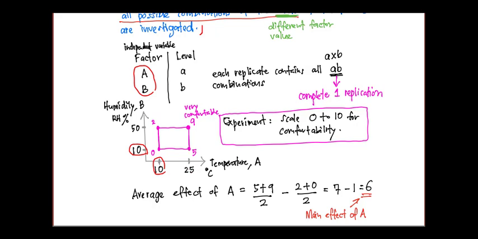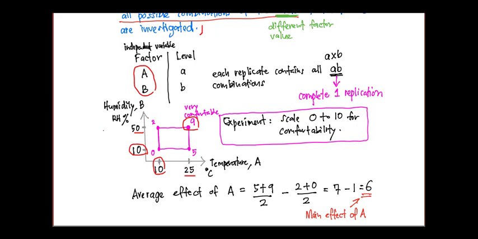Then the last point or sample which we are going to test is 25 degrees Celsius and 50% humidity. We set the temperature to 25 degrees Celsius and the relative humidity inside the room to 50%, and we check the comfort level. As you can see here, the answer is 9. Very comfortable level in this condition. Temperature 25, relative humidity 50%.